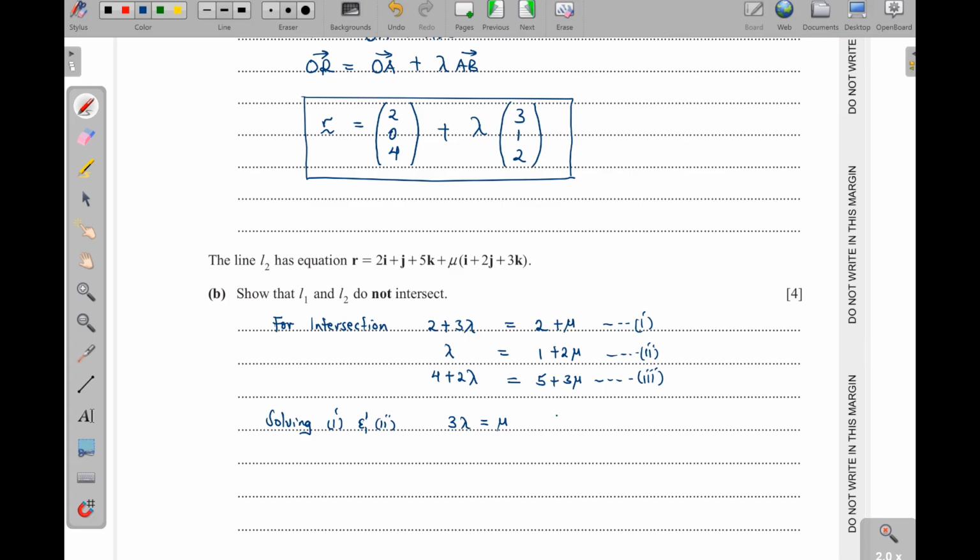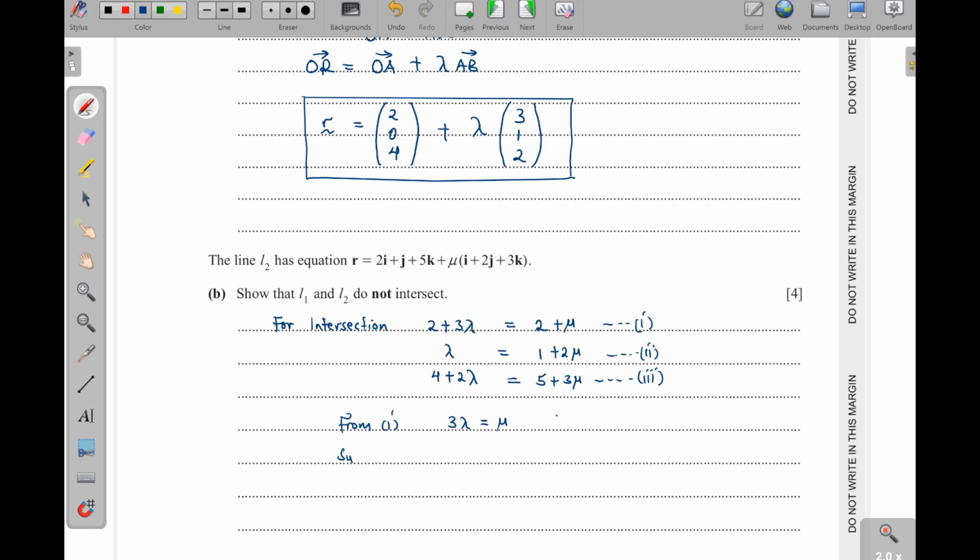In fact, let me say here that from equation 1, this one is equal to that. And then after that, what else are we going to do? We shall go to, let's say, equation 2, okay?